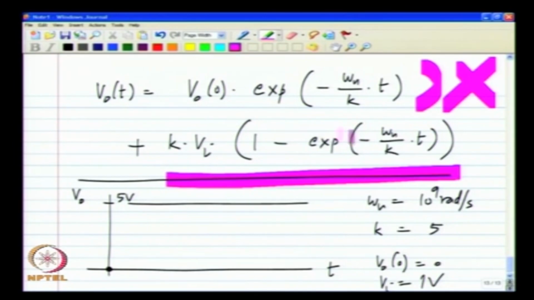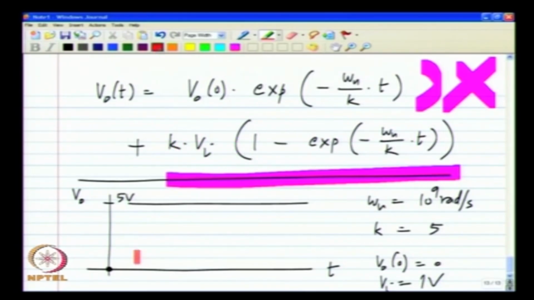If you look at this term for t equal to infinity, for very large values of t, the second term within the brackets will become 0. So, the output will become equal to kVi. But for very small values of t, for t equal to 0, the exponential will be unity and the output will be equal to 0.